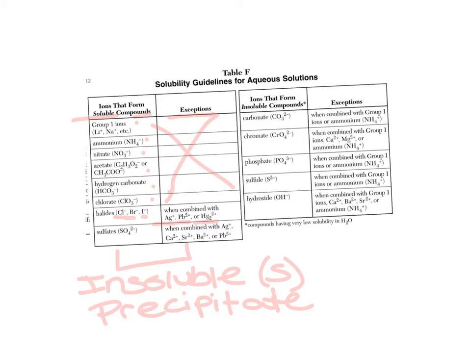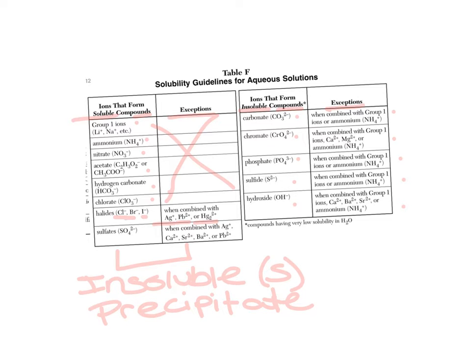If we take a look at the right side of the chart, we look at ions that form insoluble compounds except, which means all of these, carbonate, chromate, phosphate, sulfide, and hydroxide, are insoluble with everything except when combined with these. So carbonate is insoluble with everything except when carbonate is combined with group 1 ions or ammonium, it becomes soluble.